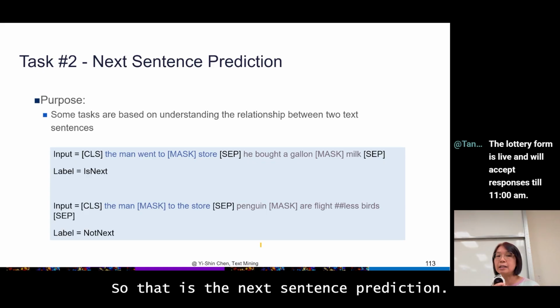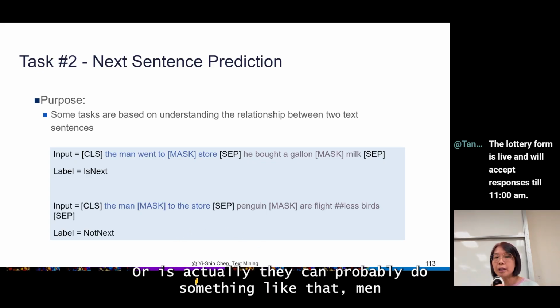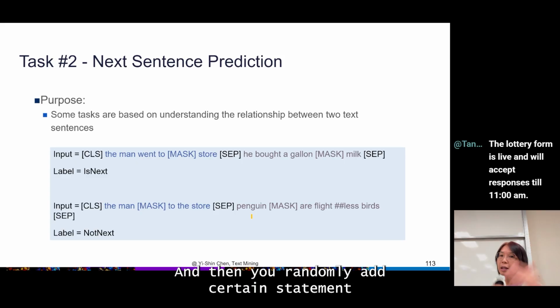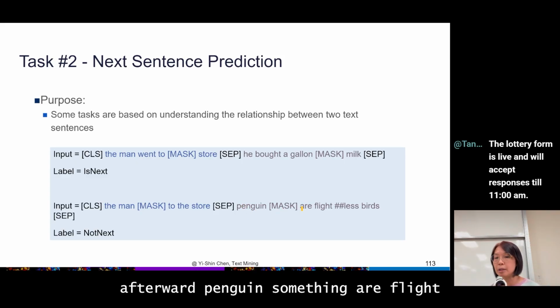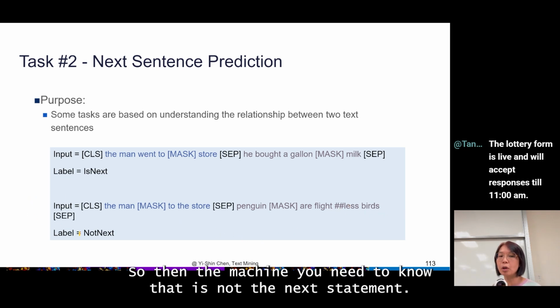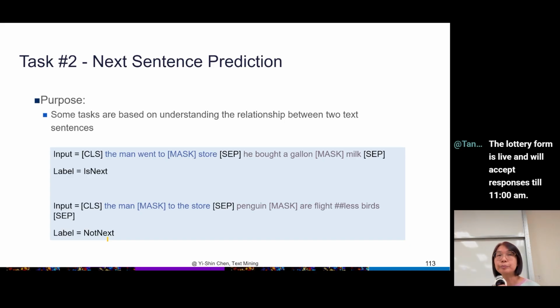That is next sentence prediction. Or they can do something like the man went to the store, and then you randomly add a statement afterwards, like penguin flies, the flying bird. Then the machine needs to know that is not the next statement.